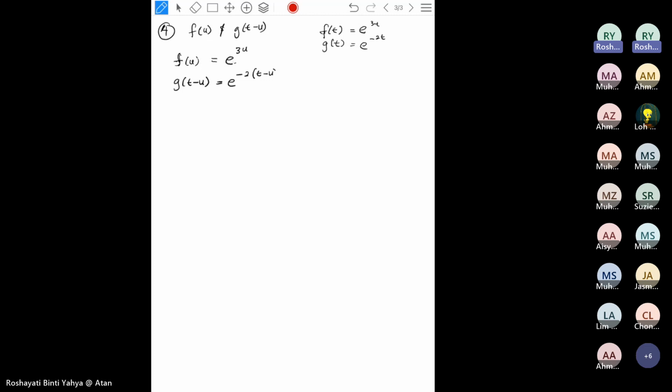Then finally you need to find its inverse Laplace transform of F(s) G(s). So what you need to do is integrate on u, f(u) g(t minus u) du.